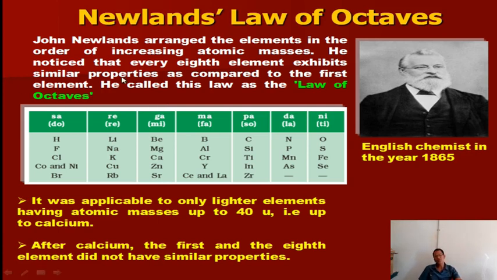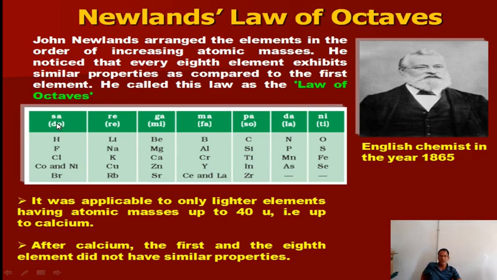Just like the musical octaves of notes, sa re ga ma pa dha ni, these seven musical notes are arranged starting from sa and ending at ni. When it starts again, sa will come. So he arranged the elements in such a way that the property of the eighth element is the repetition of the first.